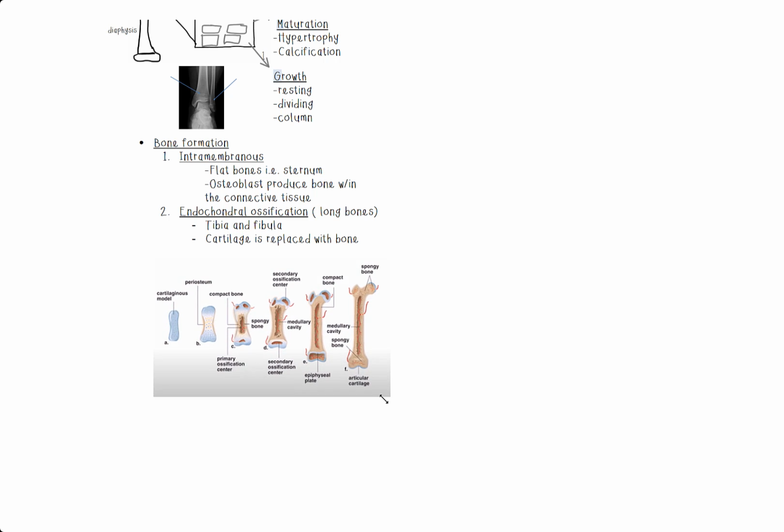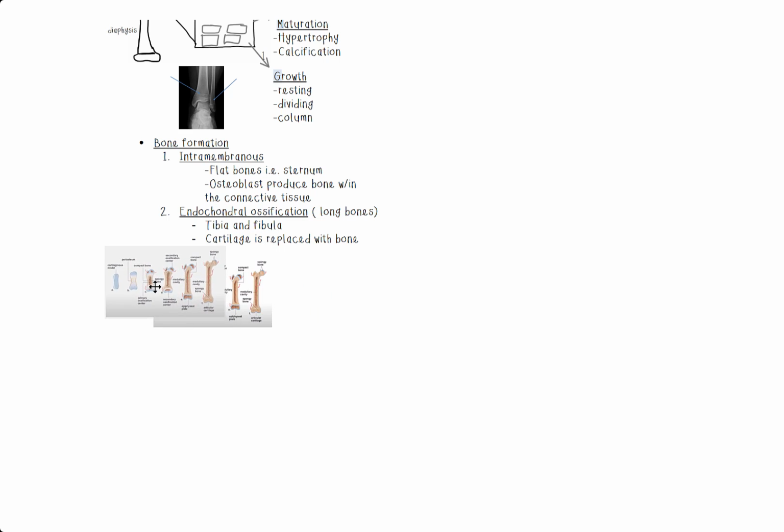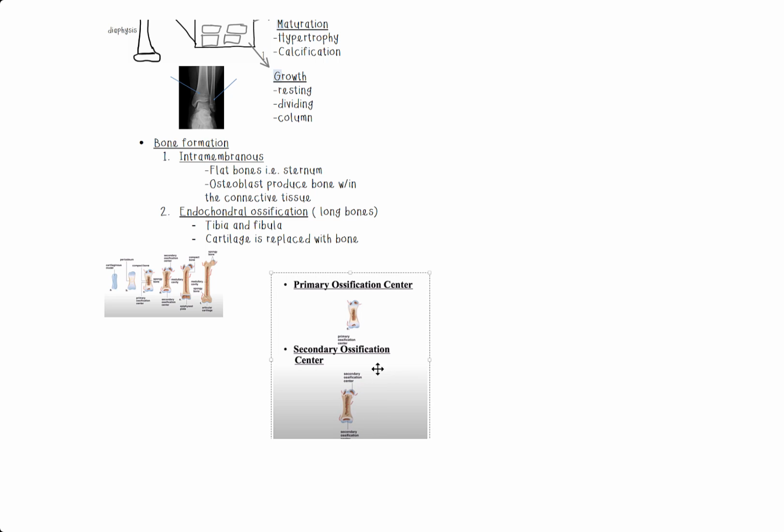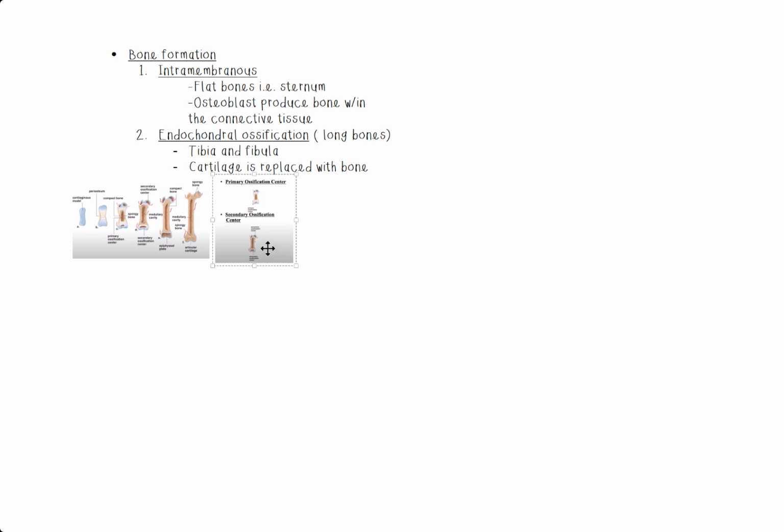And then here's a picture showing that, and eventually how it's first cartilage, which you notice most babies are cartilage when they're born, and eventually that cartilage is going to be replaced with hard ossified bone. There's also 2 ossification centers. You've got the primary one and a secondary one. Primary is usually at the central portion, and the secondary is at the very ends of the bones.